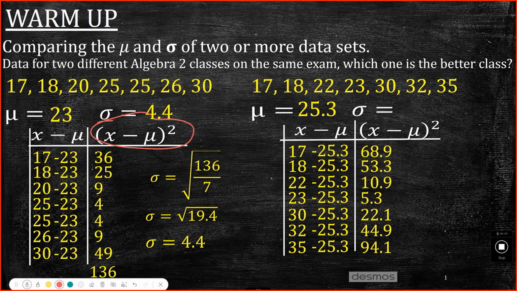And so what do we do with these numbers? Add them all up, divided by what? And then what? Square root that answer. So add them up.